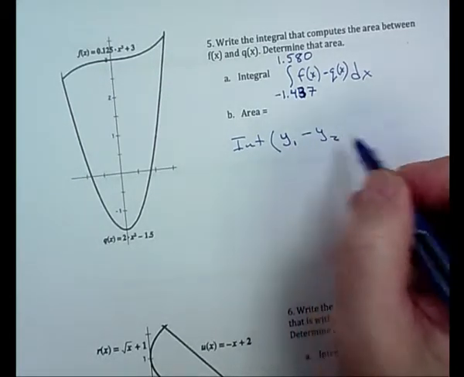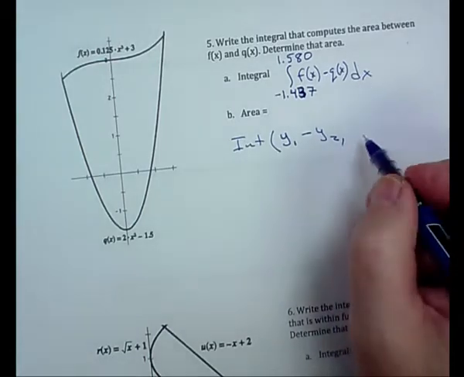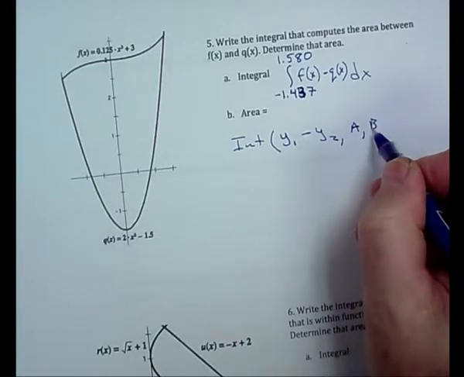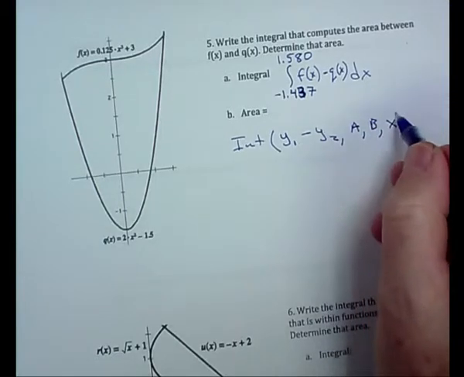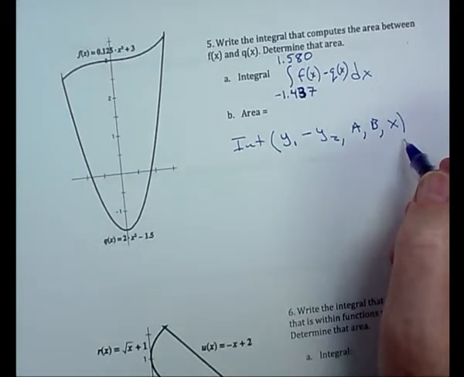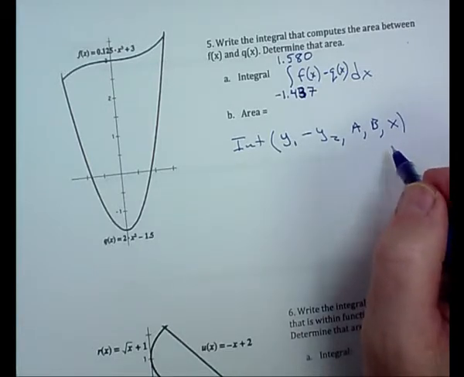Comma. And then you're going to put in whatever your A value is. Comma. Then your B value, comma. And then you got to put the letter X, not the variable X. That will give you it. You have to be able to do that. Everybody has to be able to figure out an integral in their calculator.